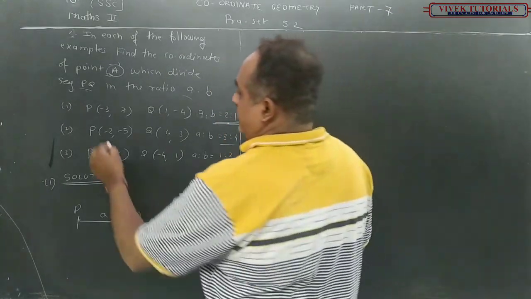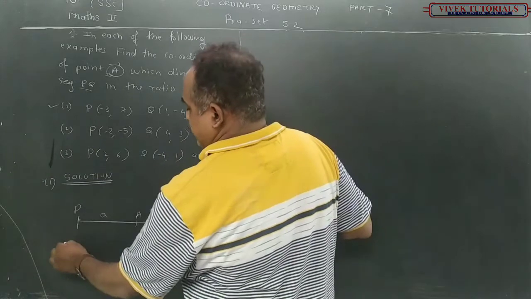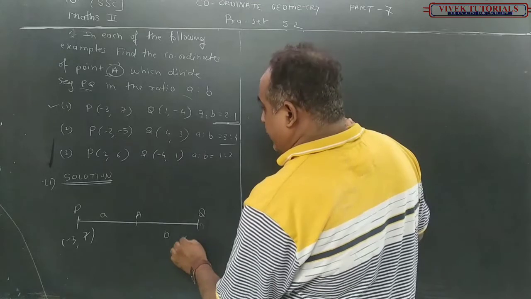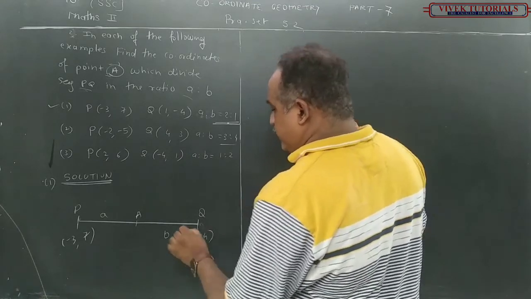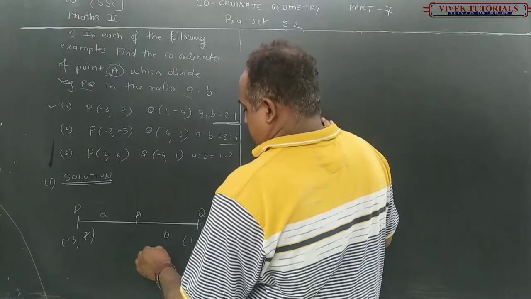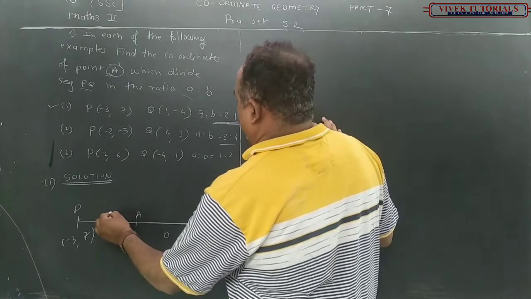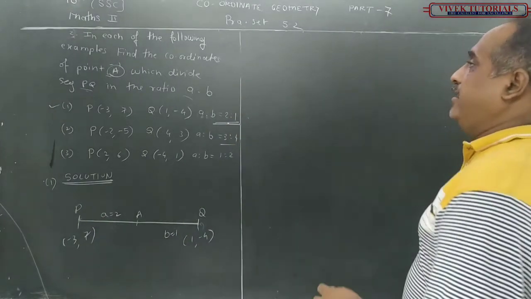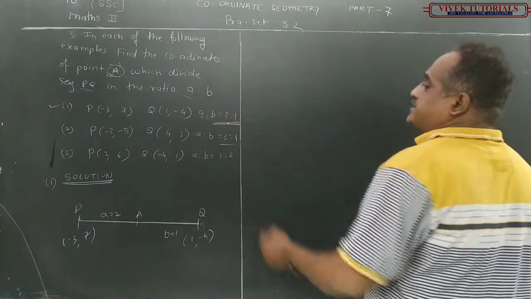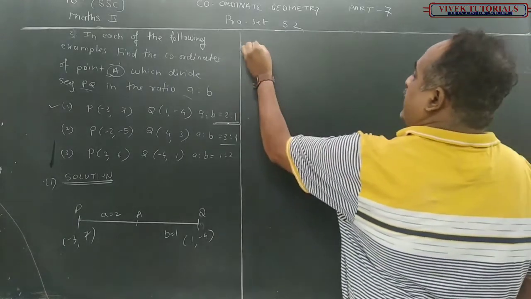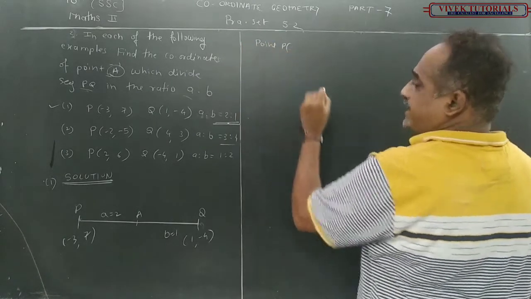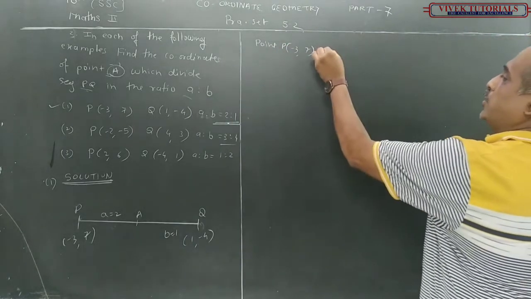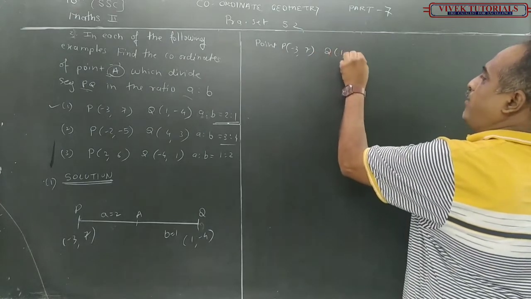If you consider the first example, then P is (-3, 7), Q is (1, -4), and here the value of a is 2 and b is 1. So point P is nothing but (-3, 7) and Q is (1, -4).